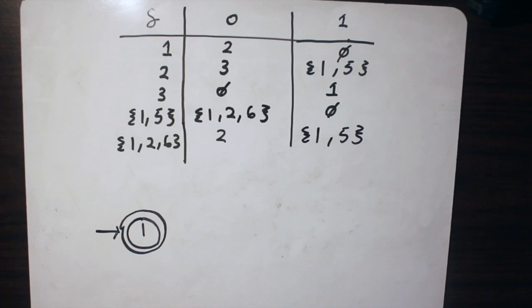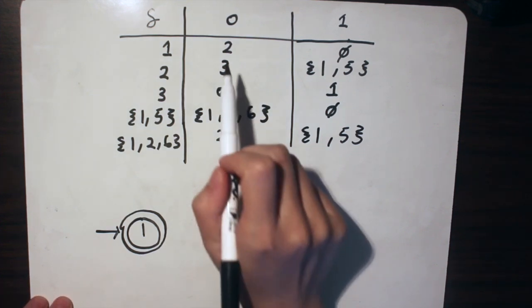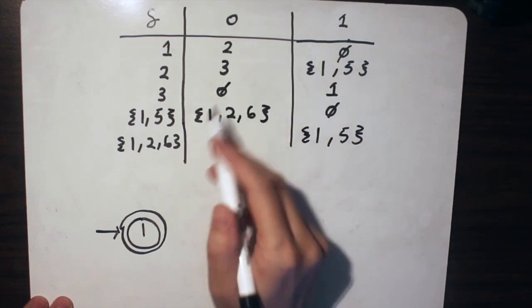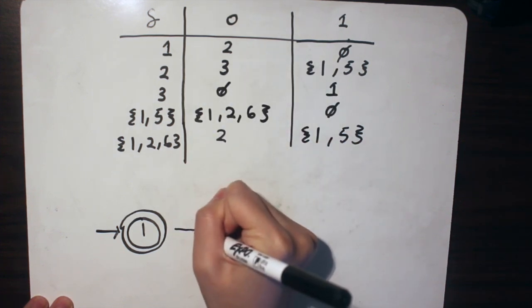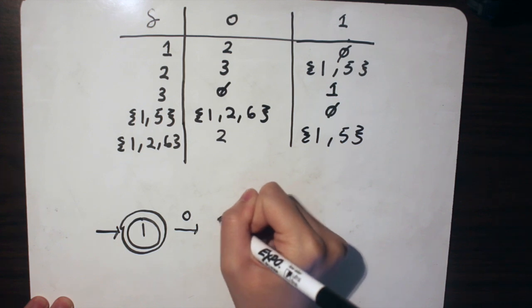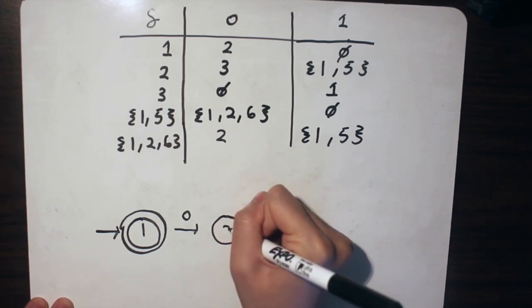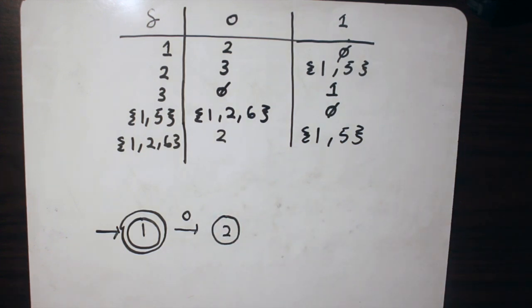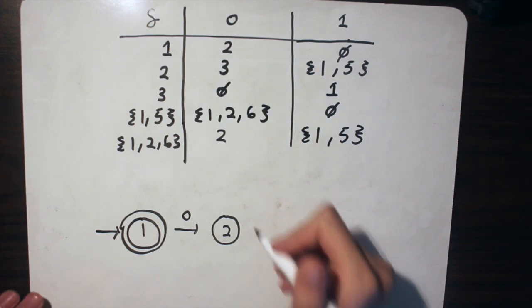All right, so now moving on, in the state 1, we need to check our table and see where we can go to on an input of 0. Well, on an input of 0, we can go to state 2, and on an input of 1, nothing interesting really happens, so we're just going to be leaving our table like this. And now that we're in state 2, we need to see where we can go to from 0 and 1.